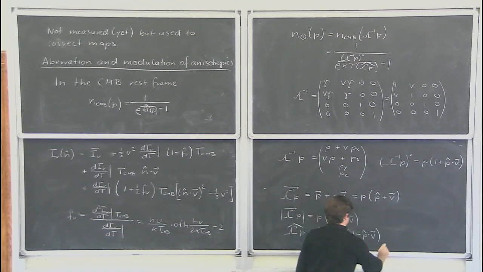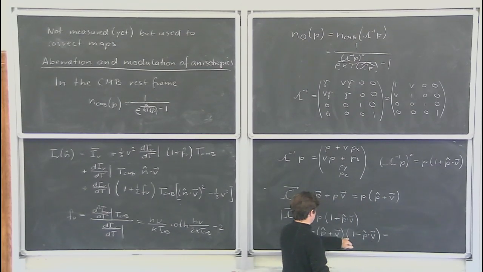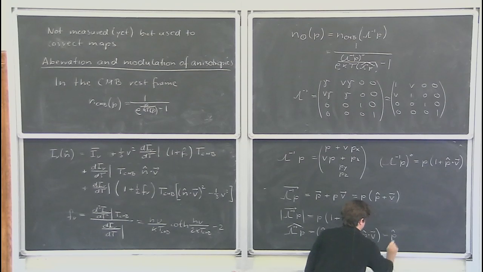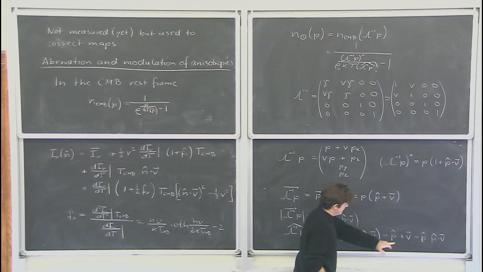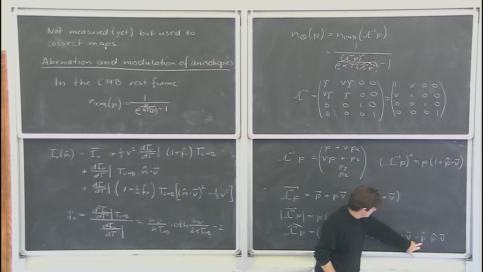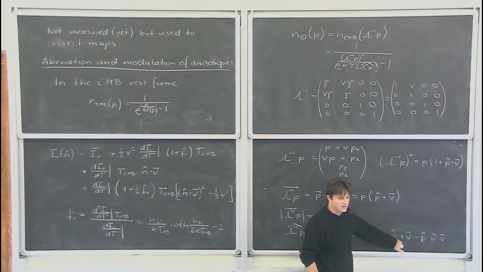And so to first order in the velocity, here we just get p hat at order 0, then we have plus v, and then minus p hat times p hat dot v. And here you see that this is really just the component of v that's transverse to the momentum.